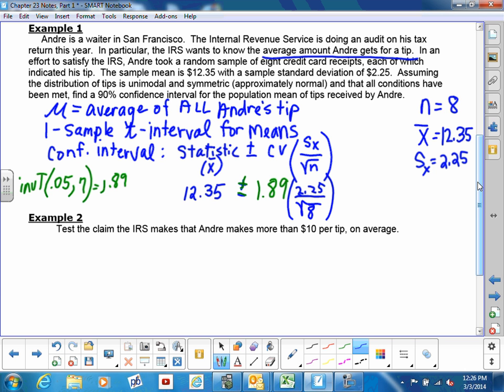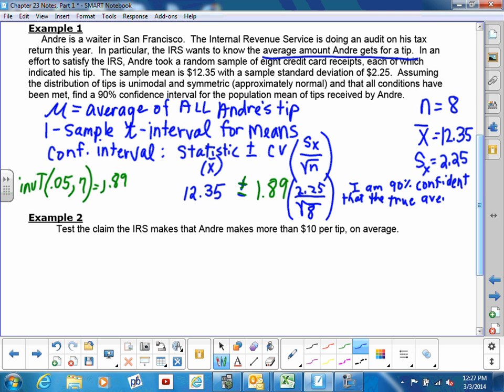So I need to write this conclusion, and I didn't give myself very much room. So let me see if I can squeeze it in here. I am 90% confident, because this is an interpretation of the interval, that the true what? Average of all of Andre's tips.